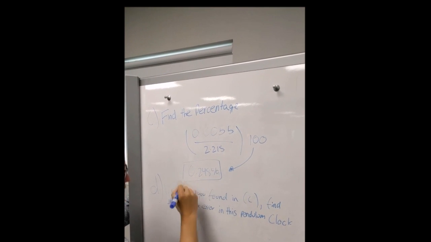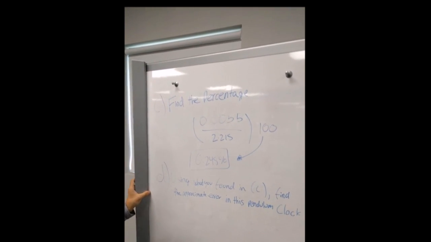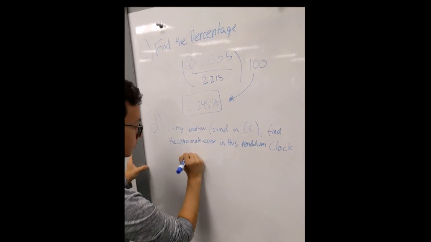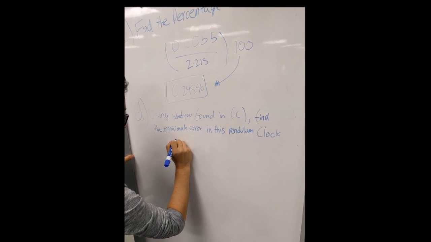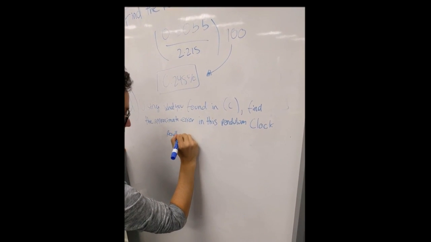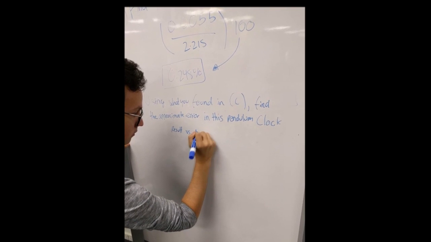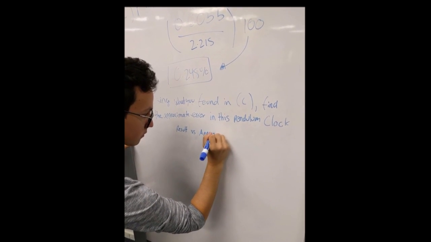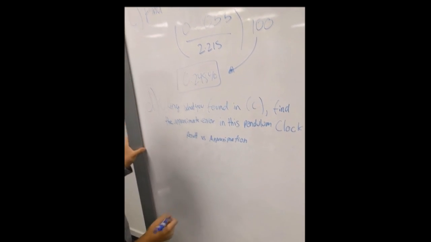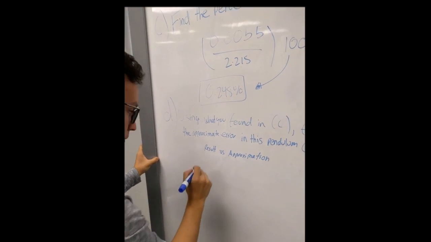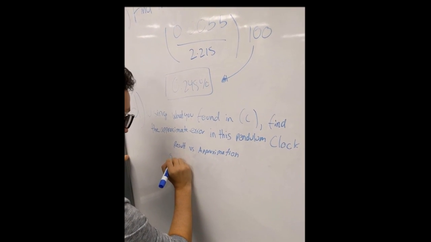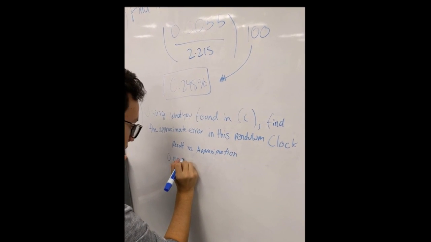Now for part D, we need to find, using the result we got in part C, the approximate error in the pendulum clock in 1 day. As we saw during the procedure, the percentage of change is different from the approximate change. This is because the approximation is simply an estimate of what the change is, and it's not the 100% correct answer.